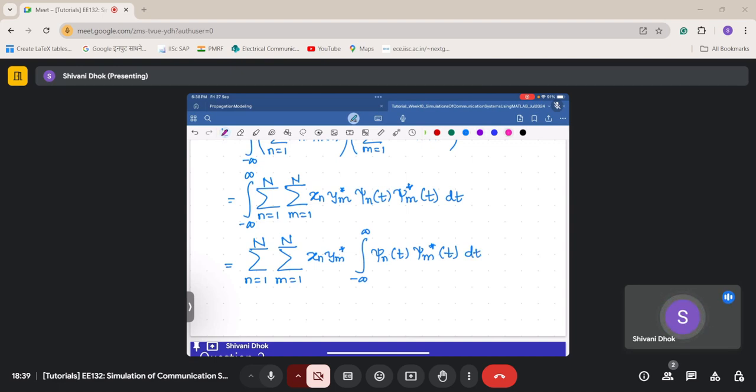Now this integral will be equal to 1 if n is equal to m, and equal to 0 if n is not equal to m.